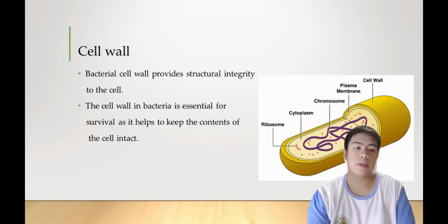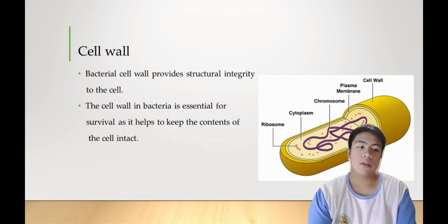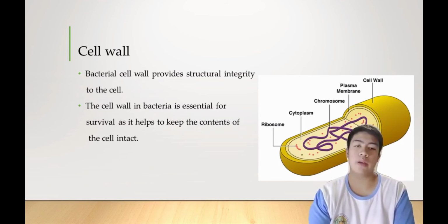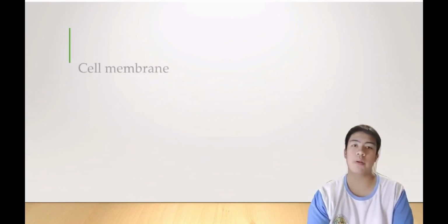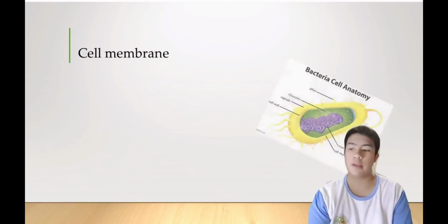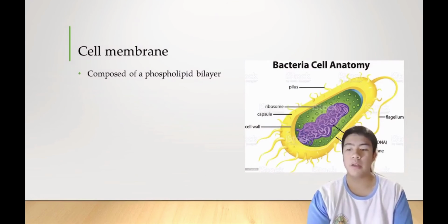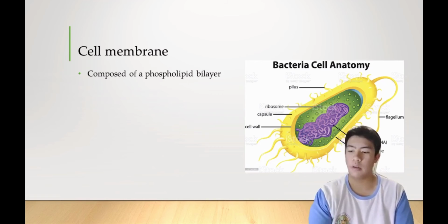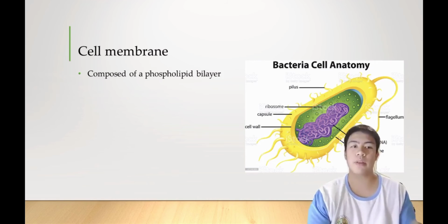Number 3. Cell membrane. The cell membrane is composed of a phospholipid bilayer. So the main function of this is to regulate the transport of materials entering or exiting the cells.